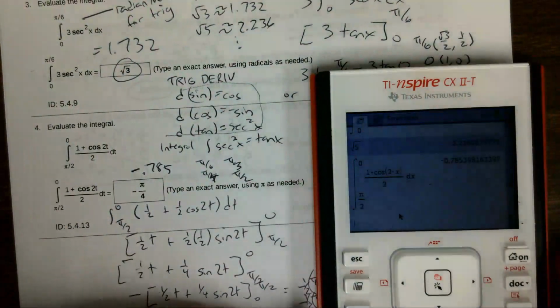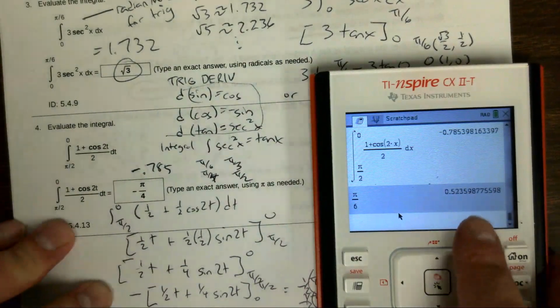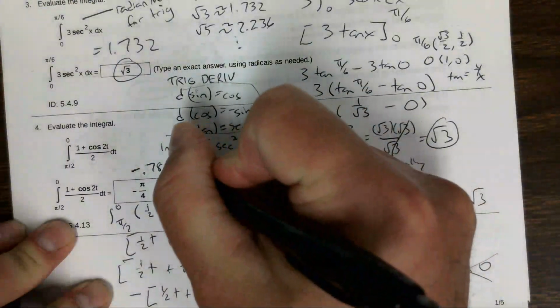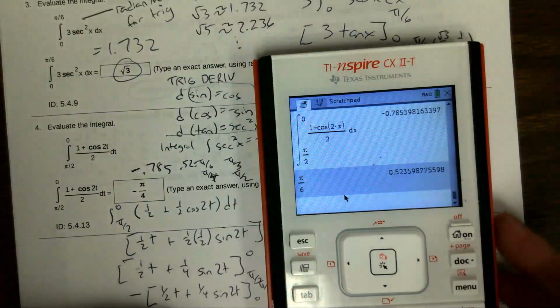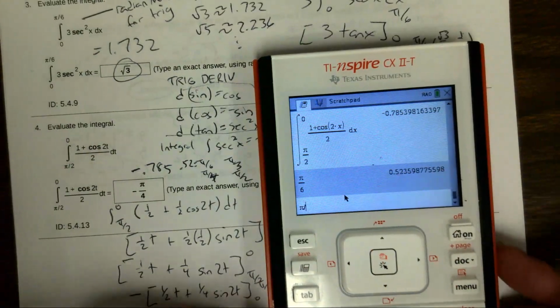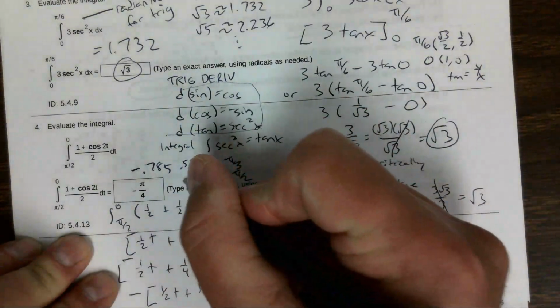So pi over 6 is 0.52. Pi fourths is 0.785, which is what we want.